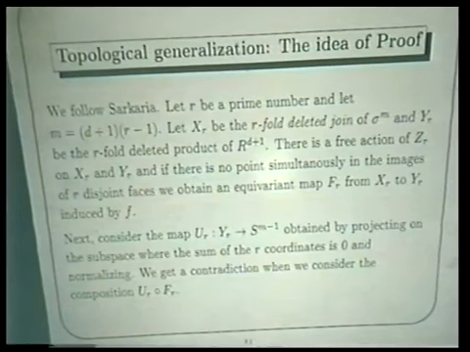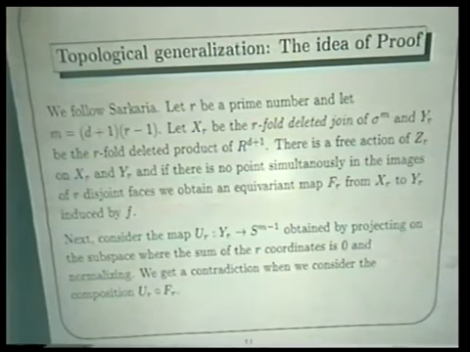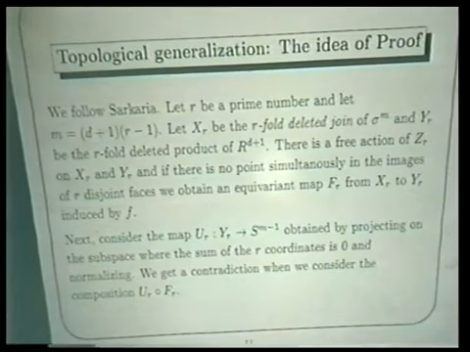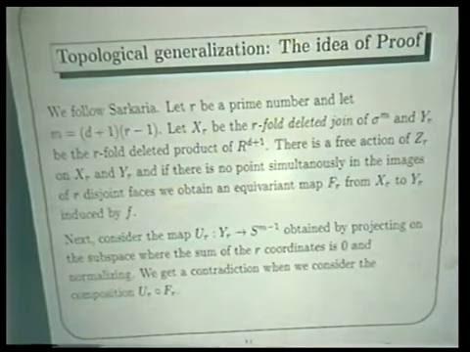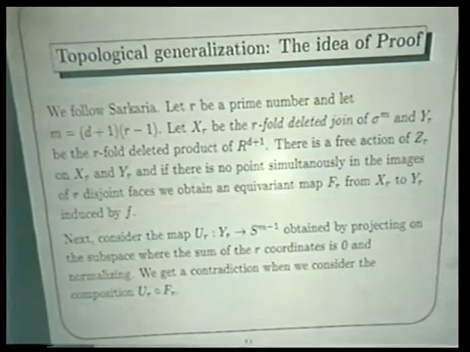And now we consider this space Y_r, and we do another operation. We project it into some proper subspace, by considering all the r-tuples whose sum of coordinates is 0, and then we normalize to get vectors of norm 1, and we get a sphere.